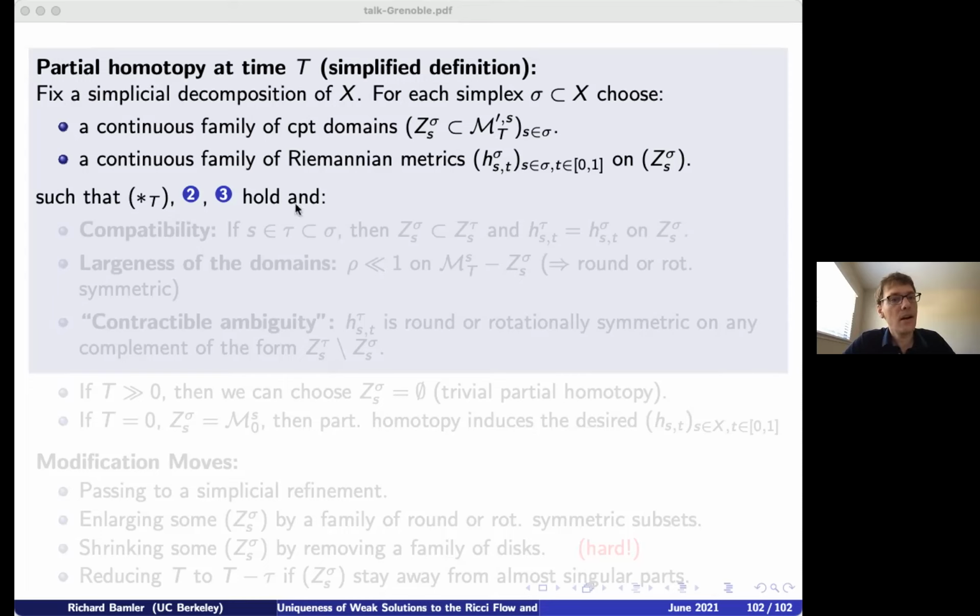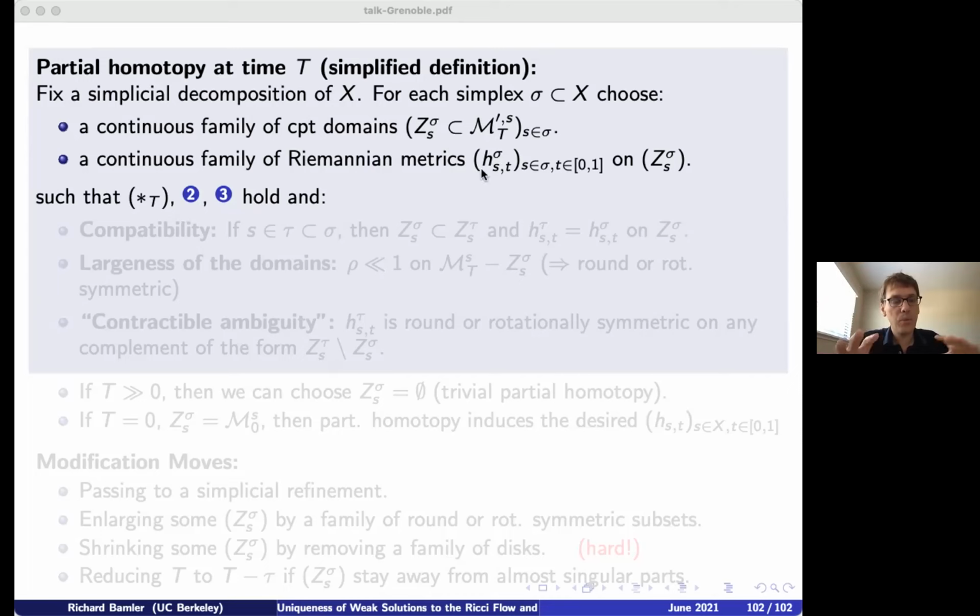And 3 was that if M prime was round, then so is H S T. So this also still makes sense. By restricting to small simplices and to domains, we made sure that there's no topological change anymore, and so we can define these.